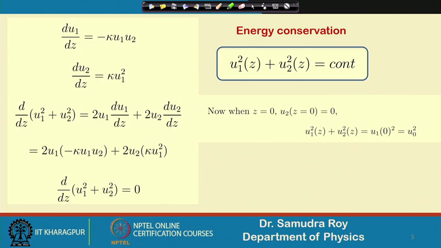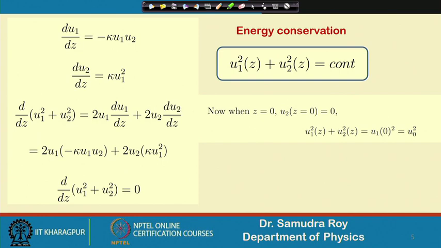Once we take the derivative, we find the equation 2 u1 du1/dz plus 2 u2 du2/dz. We simply get this form of equation.